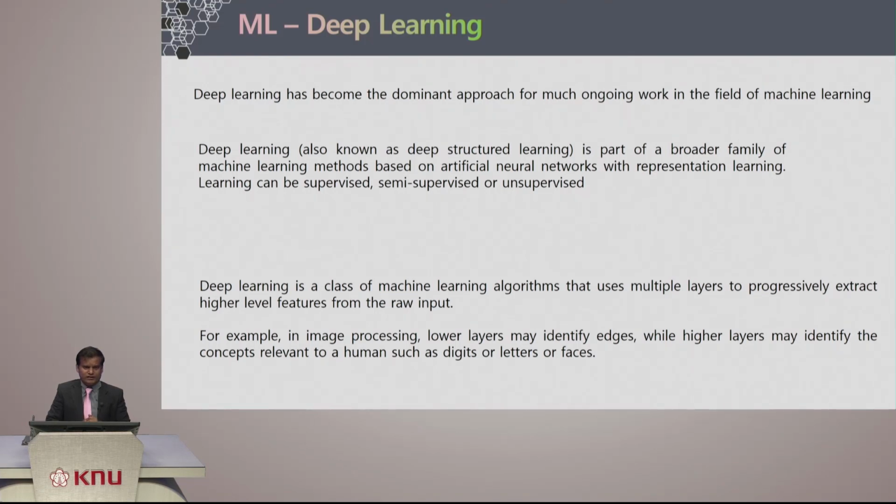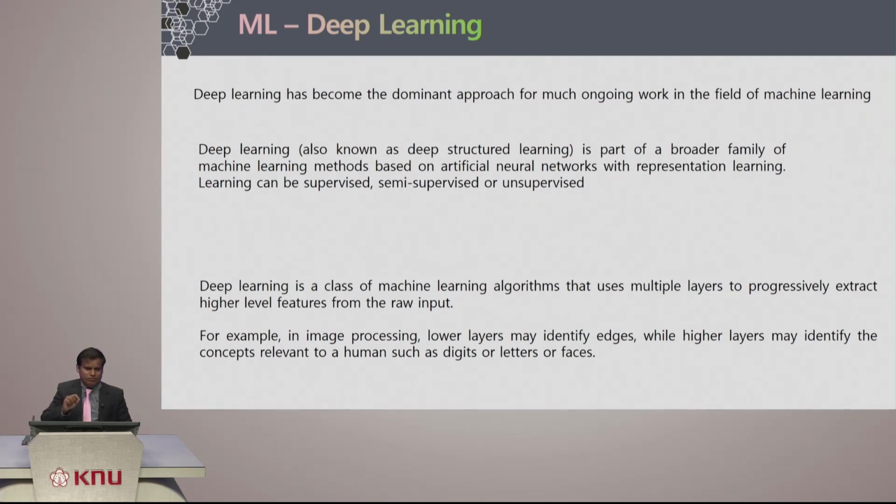But deep learning, as we know, is a broader family of machine learning, which is mostly and originally based on artificial neural networks with representation learning. So it's a different learning method. And learning can be supervised, semi-supervised, or unsupervised.